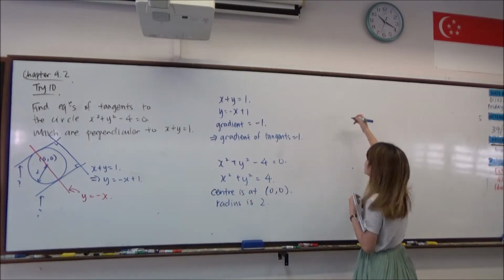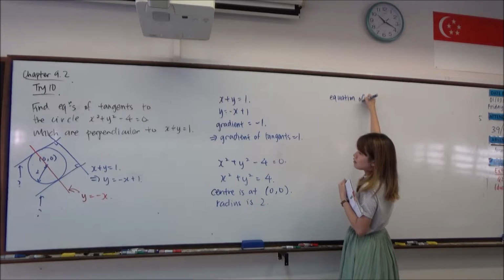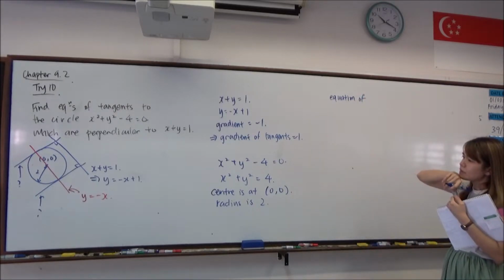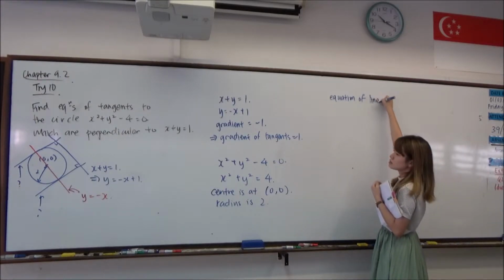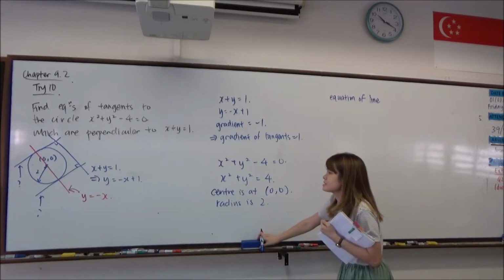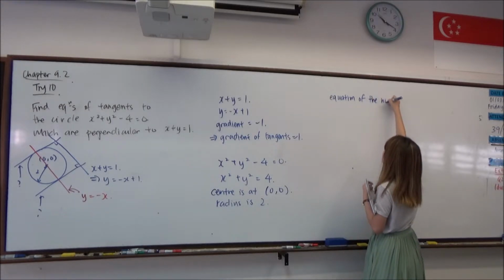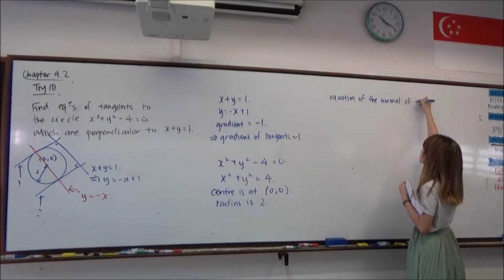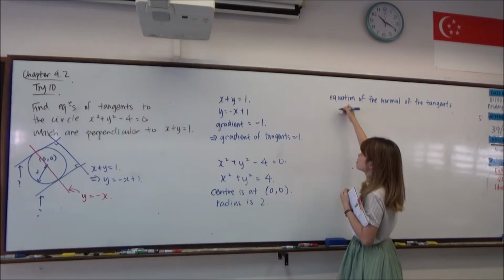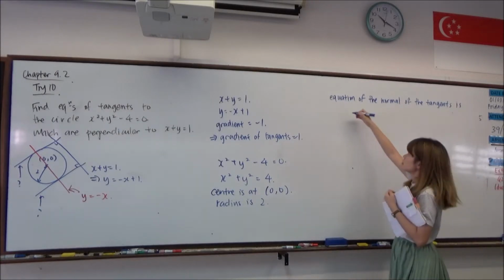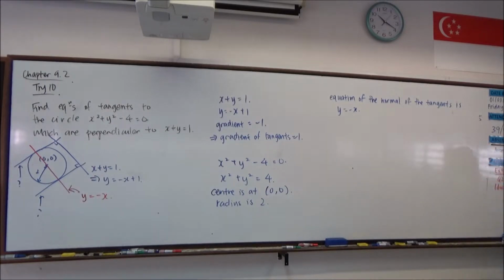So the equation of the normal of the tangents is y equals negative x.